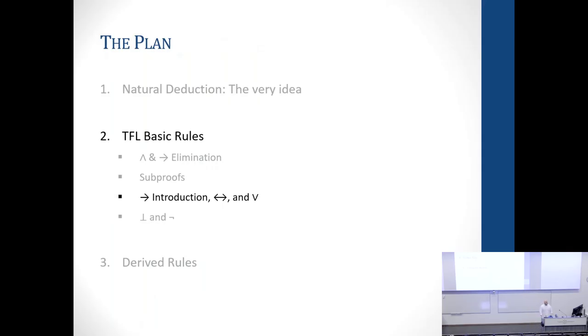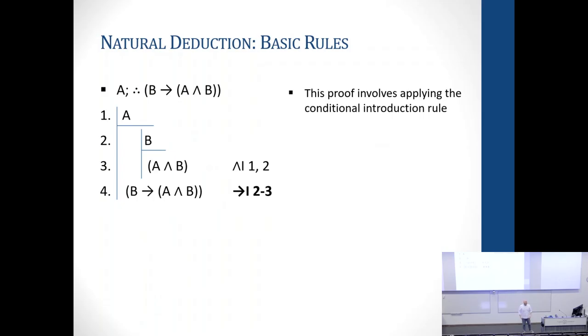So we know conditional elimination. Conditional elimination was if you have the conditional and the antecedent, you can get the consequent. Conditional introduction is this rule that we used right here.